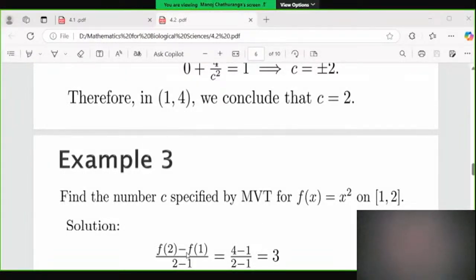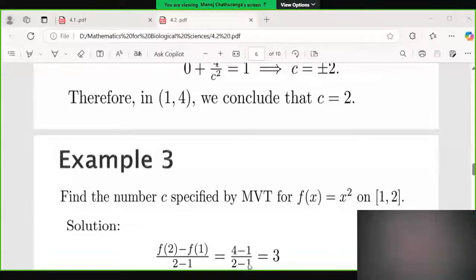I'll show you that computation. Y coordinates at endpoints are f of 2 and f of 1, so we need to divide their difference by the x coordinate difference, 2 minus 1. F of 2 equals 4, f of 1 equals 1, because the function is y equals x squared. So substitute everything and divide. We just get 3.